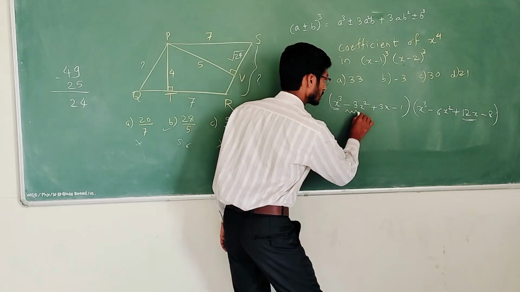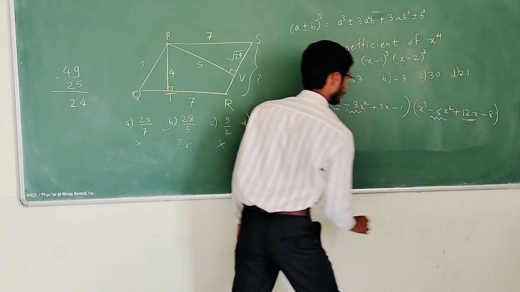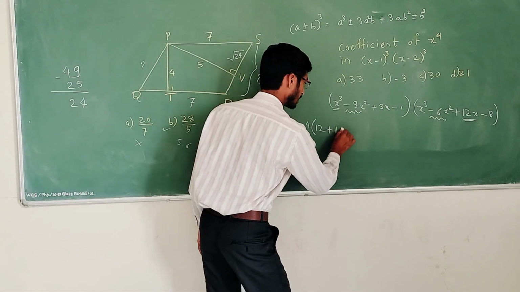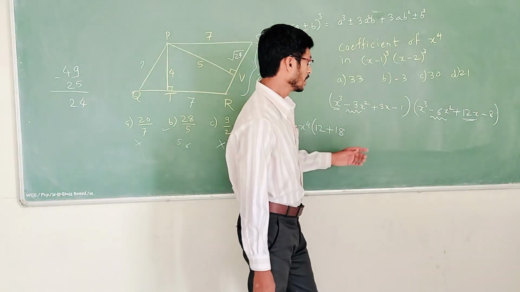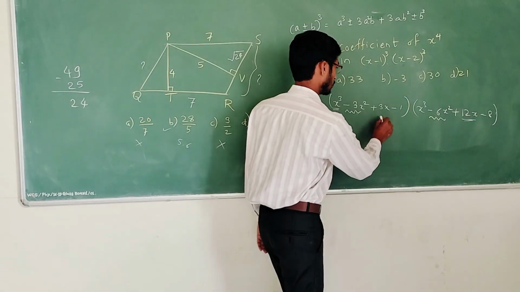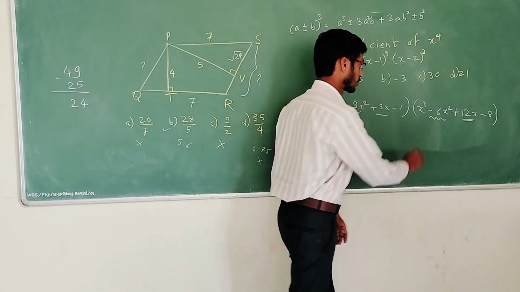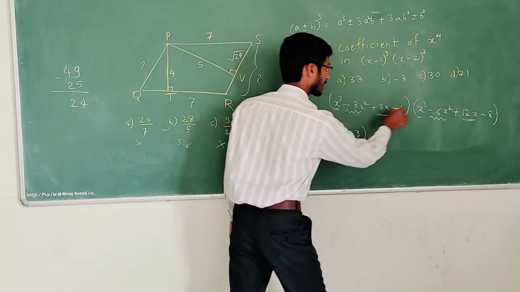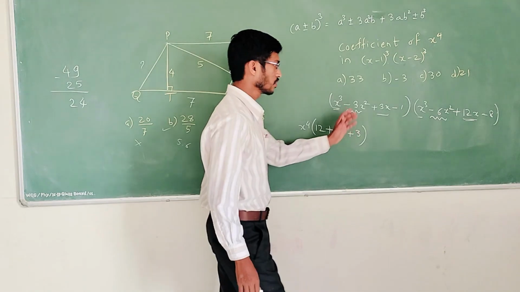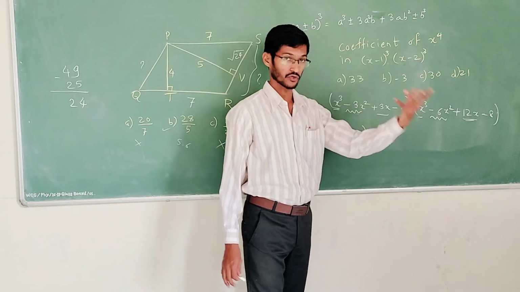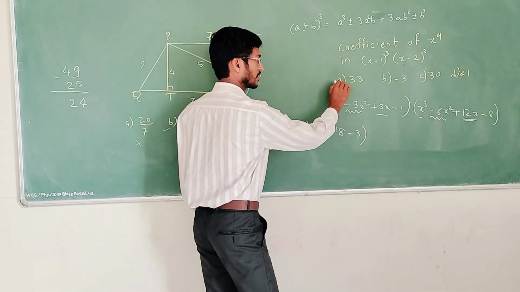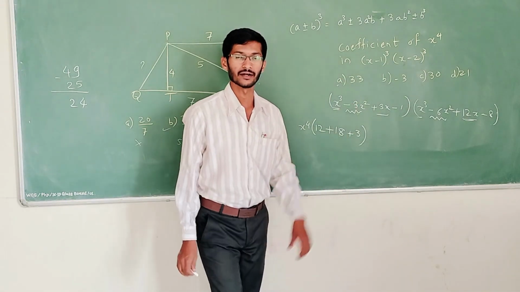So I am multiplying this: minus 6 times minus 3 is plus 18. Again, 3x into x cube, if I multiply, then I will get plus 3x raised to 4, which is common. So no other combination will give x raised to 4. So I will just add 12 plus 18 plus 3, which is 33. So this is the correct option.